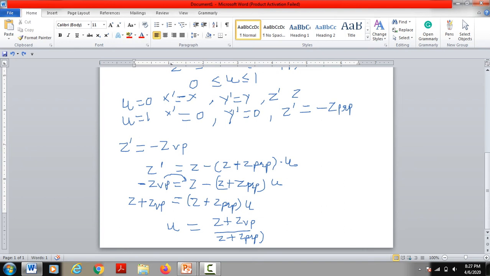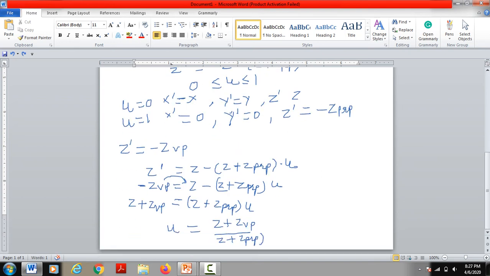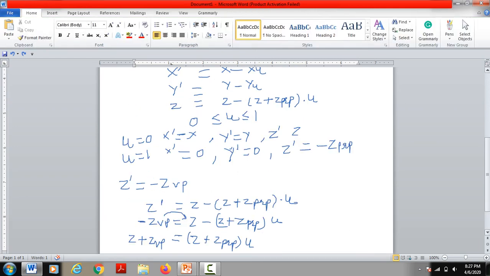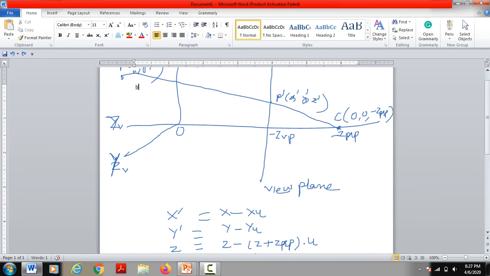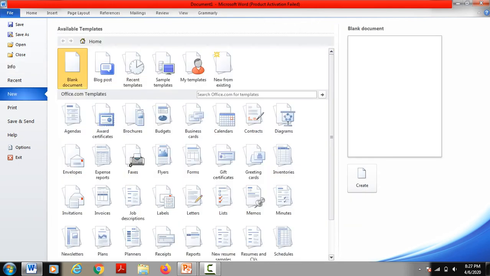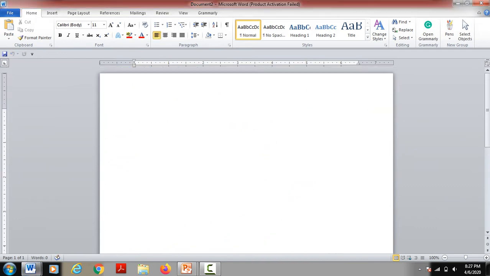Putting this value of u into those three parametric equations, we get x dash is equal to x minus x multiplied by u, so x multiplied by (z plus zvp) divided by (z plus zprp), that is the value of u we just discussed.